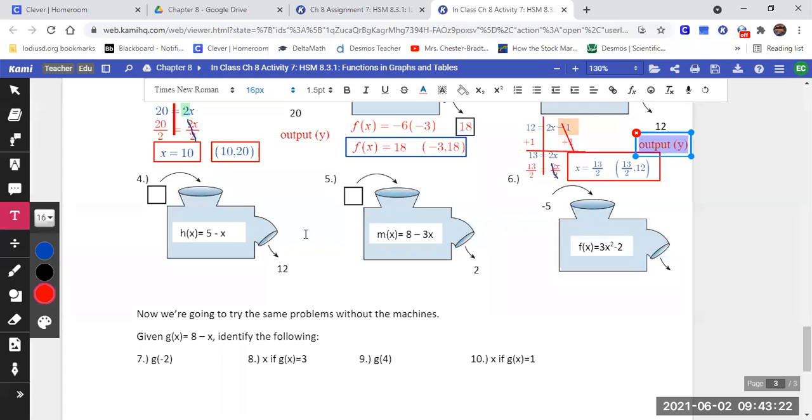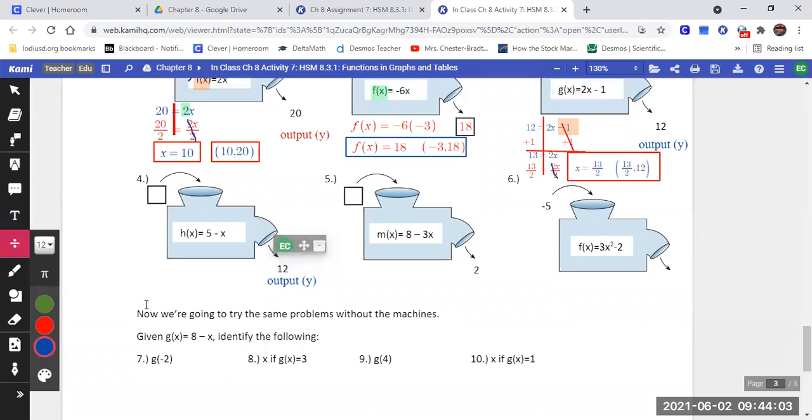So this is an output, which is the same thing as the y, which is the same thing as an h of x or a g of x or whatever. Those mean the same thing. M of x, that's a y. Anytime you see that notation, h parentheses x, m parentheses x, f parentheses x, those notations tell you it's a function. They're telling you that there's one x for each y. You're not going to have the same x going to two different y's. Okay, so that's an output.